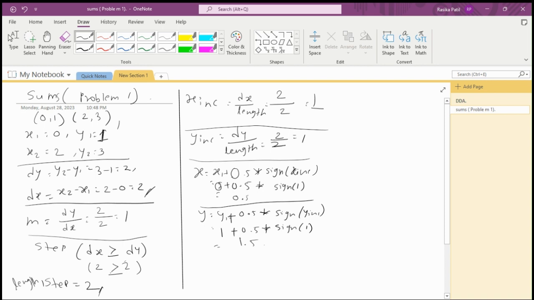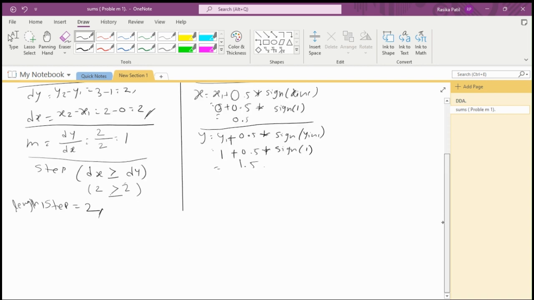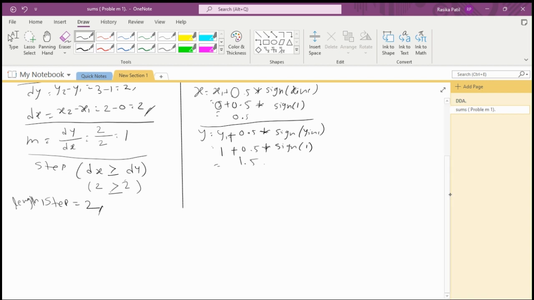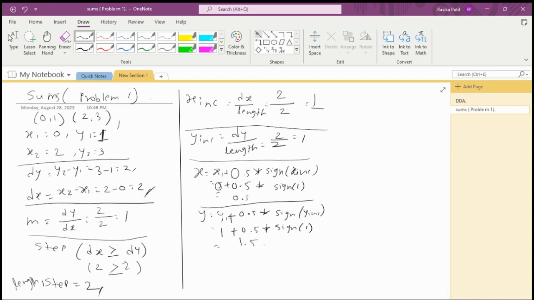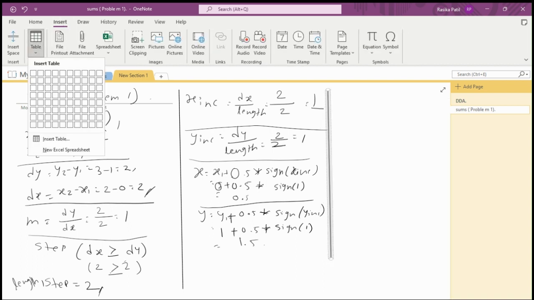So next, we are going to plot some values onto the graph, right? For that, we will make a table of plot x, y and iteration.